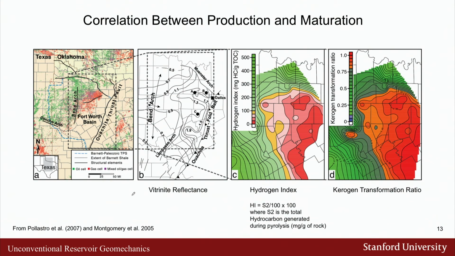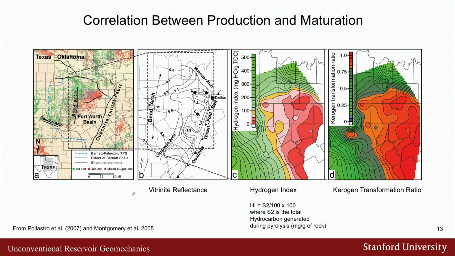When you look at maturation and production, you see good correlations in many places. In the Fort Worth Basin, for example, in the map on the left, the oil wells are shown in green and the gas wells in red. So the gas was the big unconventional play that started around 2005.